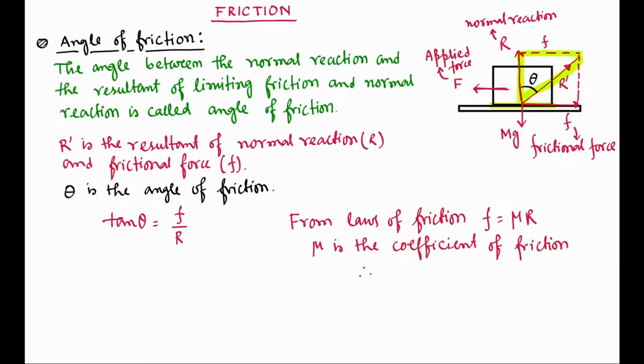Therefore, F by R is equal to mu. Therefore, we can write tan theta is equal to F by R is equal to mu. So we can say that the coefficient of friction is numerically equal to the tangent of the angle of friction.